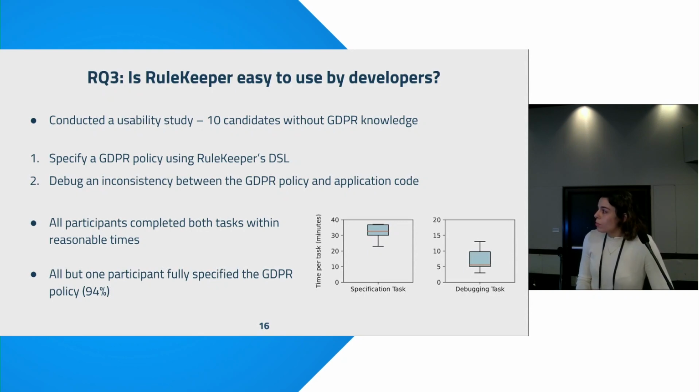And all of them but one fully specified the GDPR policy. The one that wasn't able to fully specify the GDPR policy forgot to mark one piece of data as personal. We also received some positive feedback, and the participants underlined RuleKeeper's usefulness as a debugging tool.